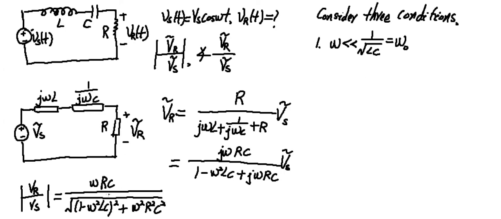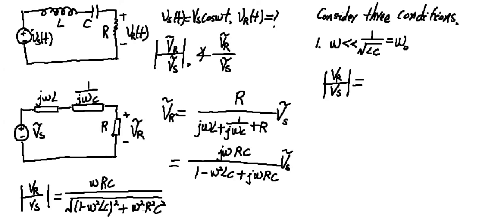By looking at the expression of the output voltage magnitude, we will soon realize that the absolute value of VR over Vs at very low frequency is approximately proportional to omega. Let's look at the expression. If omega is much smaller than 1 over the square root of LC, then in the denominator the first term is dominated by 1.